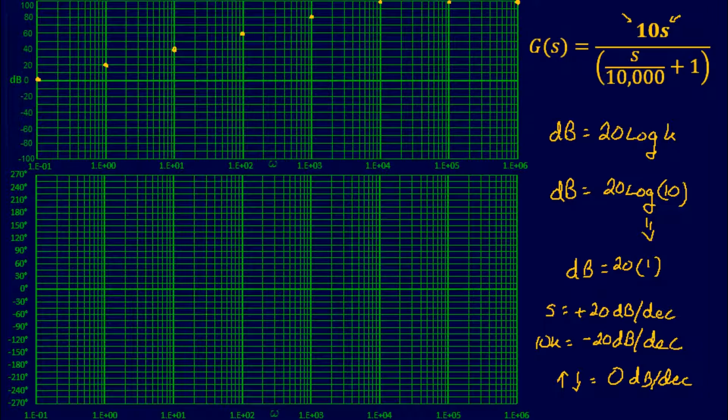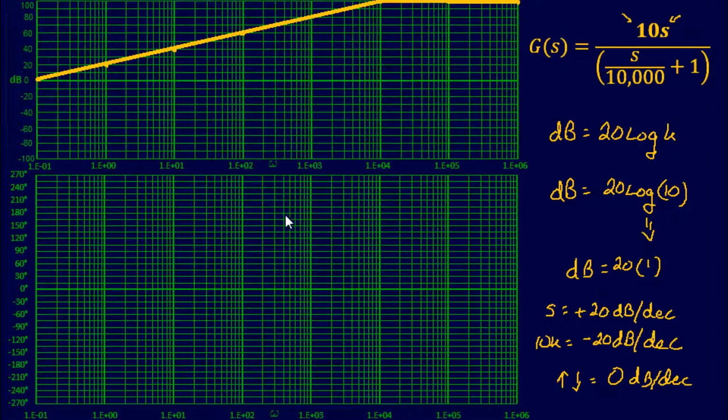So let me go ahead and get a line here. We're going to go from here to here. Then, since we had a pole, we do negative 20 decibels per decade, and it's going to look something like that. So right there, we have now found our frequency response by a very simple equation. This is nothing fancy. It's very simple.